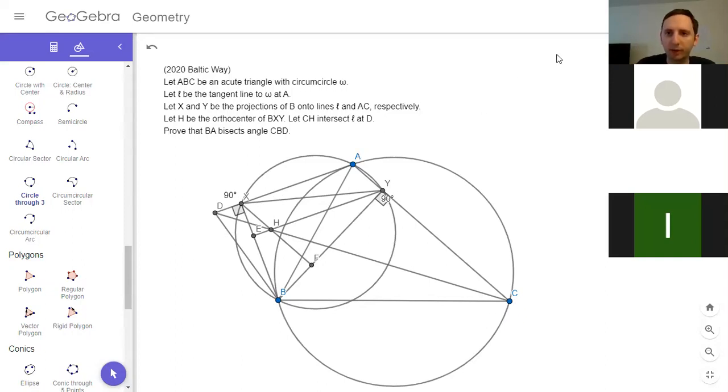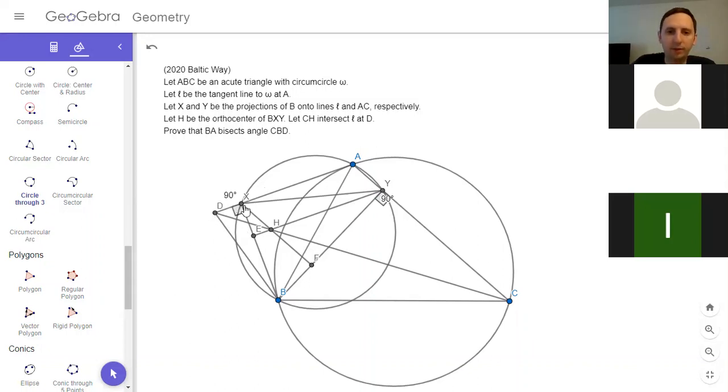Is that just an angle chase? It might be. They're parallel, so YE is perpendicular to XB because since H is the orthocenter, it's the intersection of the altitudes of this triangle. So YE is perpendicular to BX, but AB is also perpendicular to BX. So yeah, AD and YE are parallel, and similarly AC and okay.